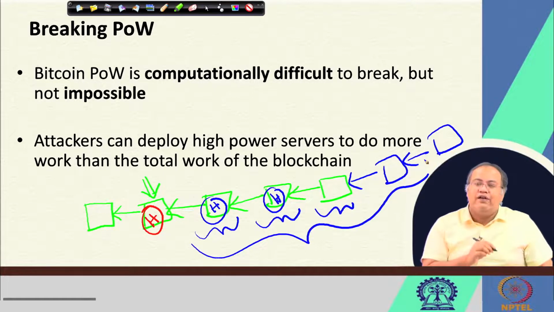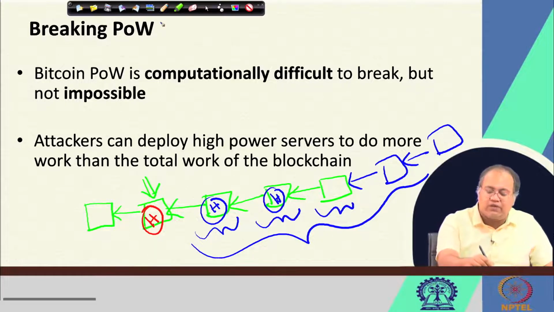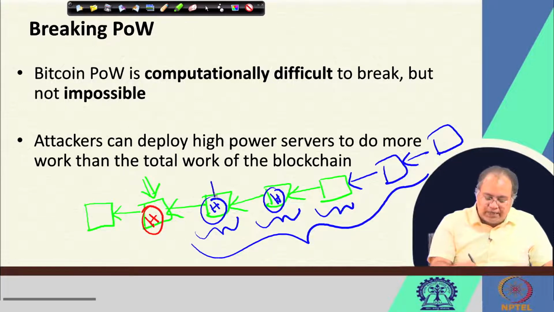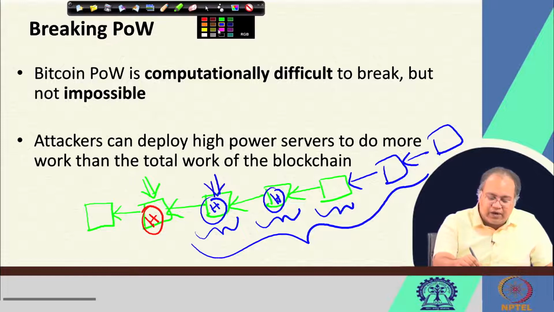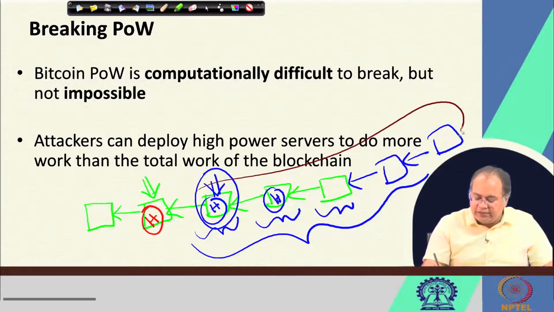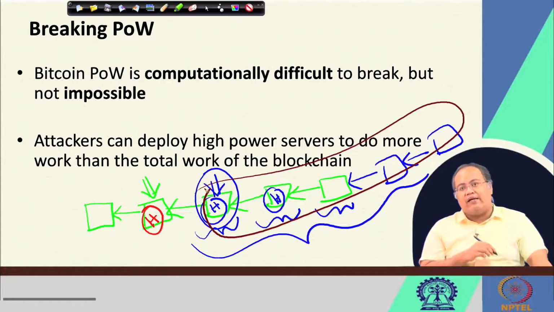But what if the attacker has more hash power compared to the hash power of all these blocks in the blockchain? For example, the attacker wants to compromise this particular node, and whenever the attacker tries to do so, the attacker actually has to compromise the other nodes which have been added there.